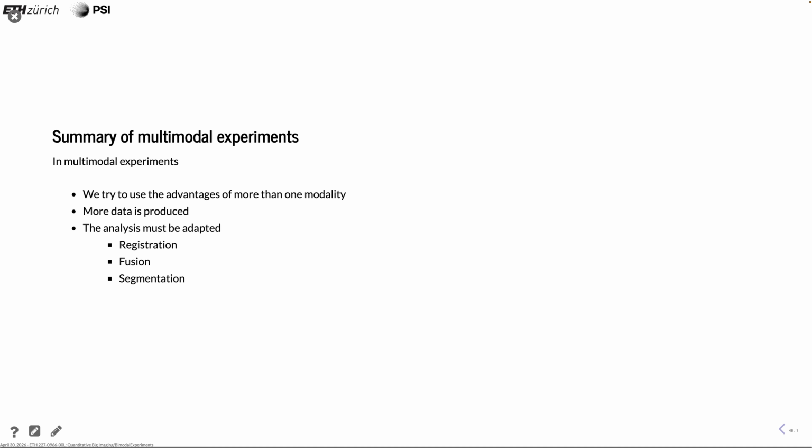And the analysis must be adapted for each use case, but the important steps that we have are the registration as an initial step, the fusion, and finally also segmentation, and every step can take advantage of different modalities. And well, that's the end of this part, and let's go on with the visualization.